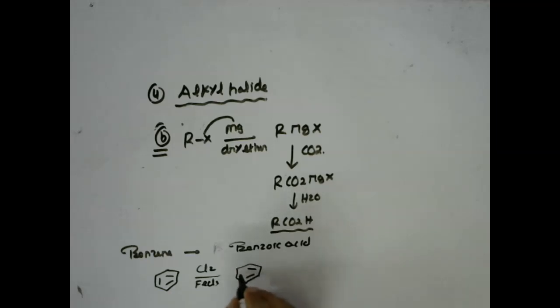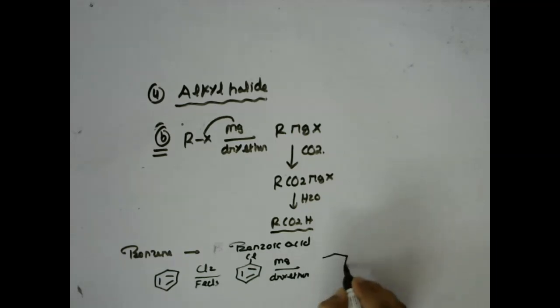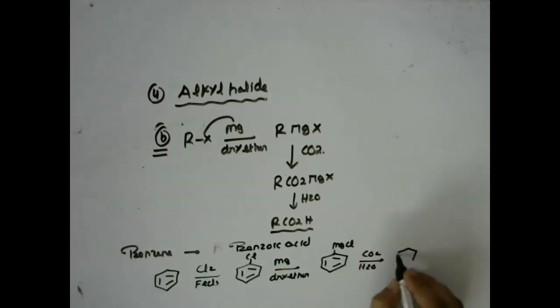Convert it into a Grignard reagent. You know how to convert into a Grignard reagent. We put Mg, dry ether. When you put Mg, dry ether, what you're going to get is benzene with MgCl. And then you put carbon dioxide and water. You're going to get the formation of benzoic acid. So this is another method of converting the halogen containing compound into carboxylic acid. Both of them are step up reactions.